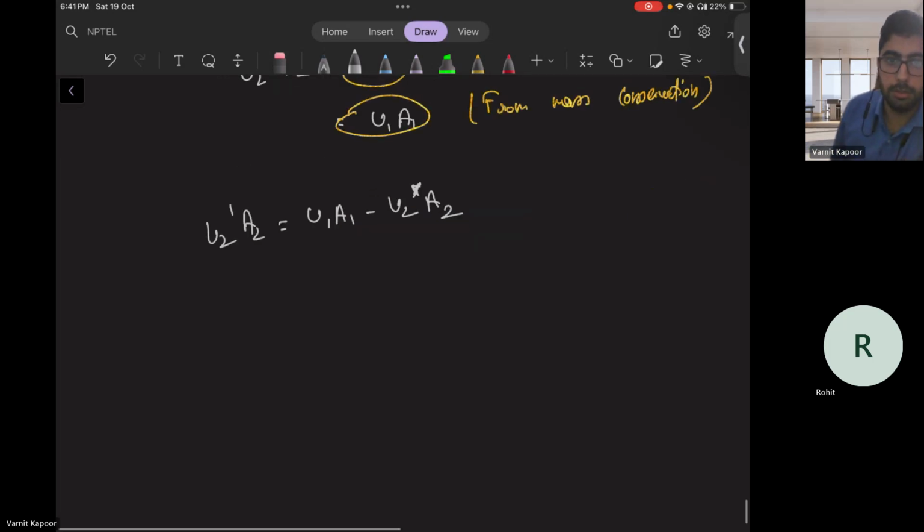So from mass conservation, I can write this equation in terms of this.